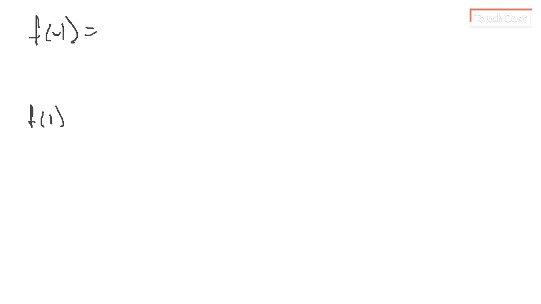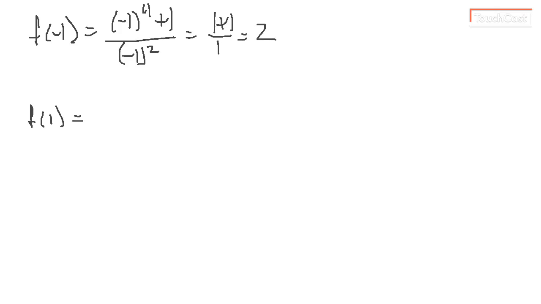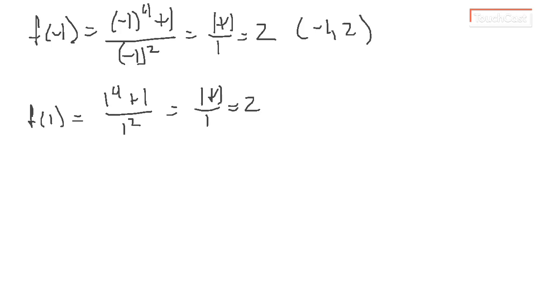So f of negative 1 is going to be negative 1 to the 4th plus 1 over negative 1 squared, which is going to give us 1 plus 1 over 1, which is 2. F of 1 is going to give us 1 to the 4th plus 1 over 1 squared, which is going to be 1 plus 1 over 1, which is also 2. So we've got a point at negative 1, 2, and a point at 1, 2.